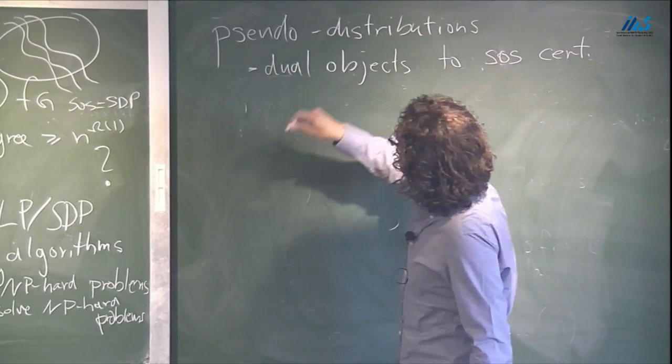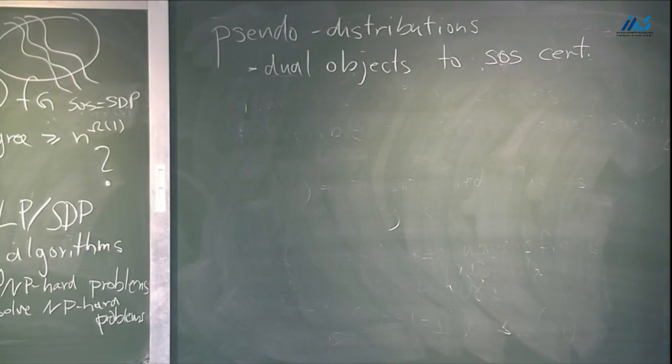But in some sense, they are also interesting in their own right. One way to think about them in their own right is that they give a notion of probabilistic beliefs under bounds on computational resources.